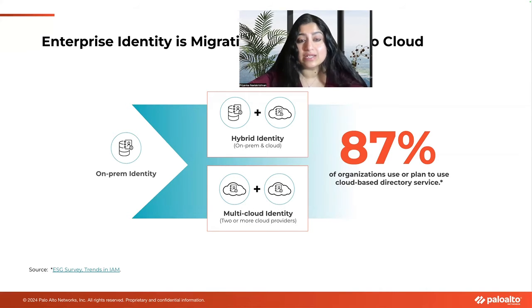Customers face integration challenges when aligning identity data with zero trust frameworks and security controls. By addressing integration challenges, promoting standardized identity practices, and leveraging centralized identity management solutions, customers can enhance security posture and accelerate zero trust adoption.